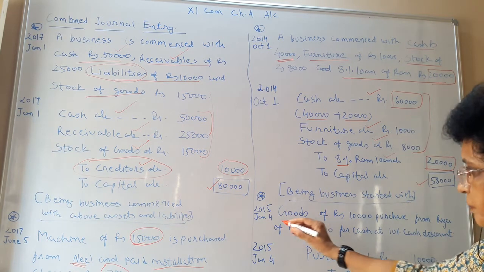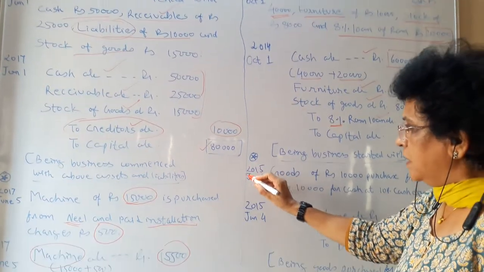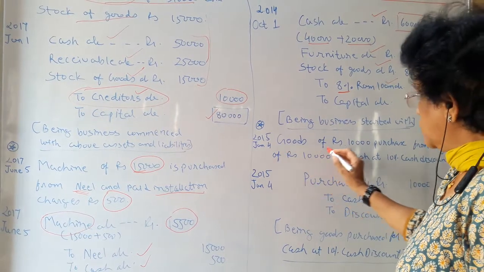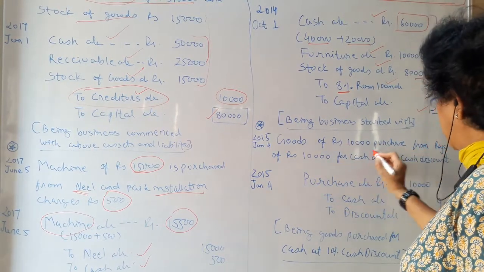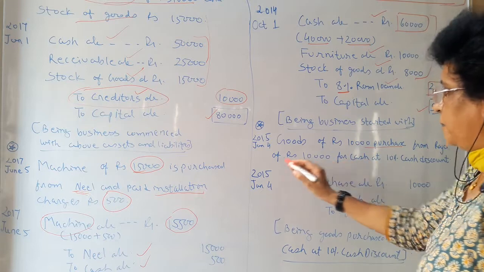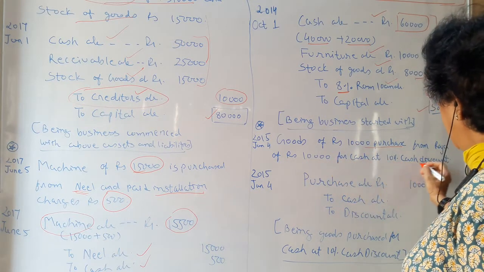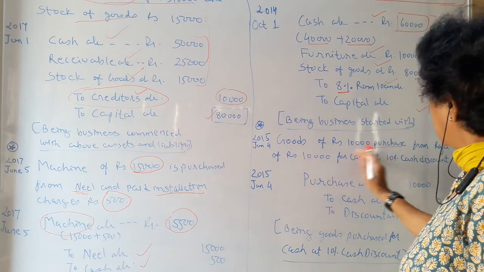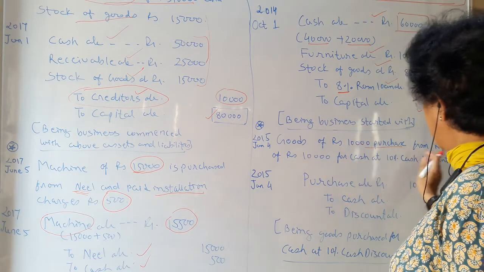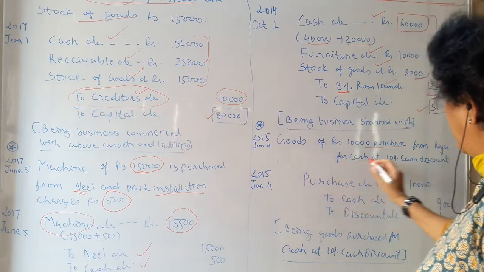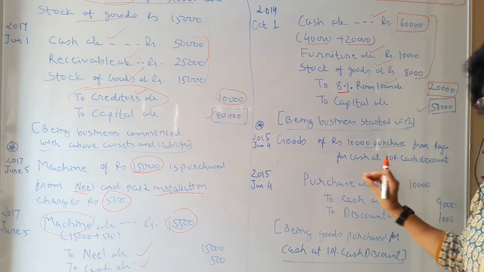Let us take the next example. On 2015 January 4th, goods of rupees 10,000 purchased from Raja for cash at 10% cash discount.